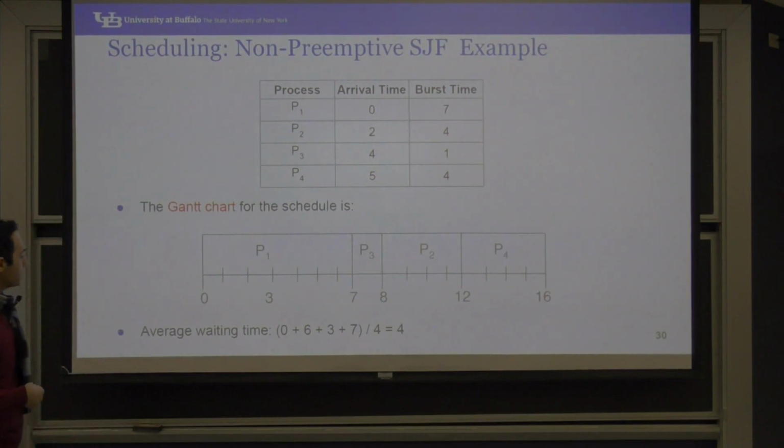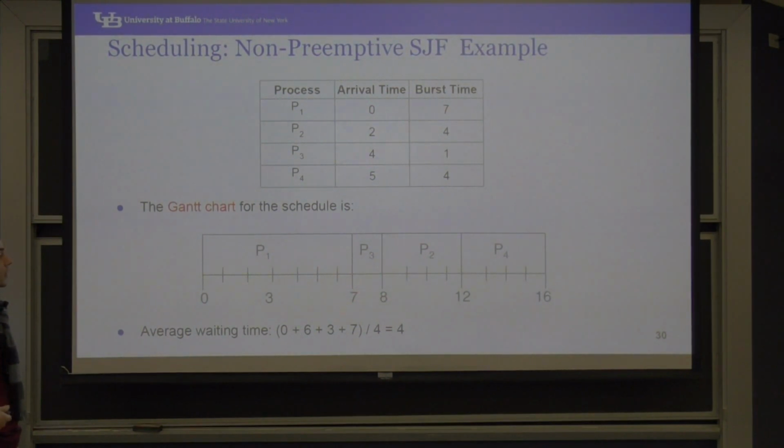So the average waiting time for these is now, P1 was 0, P2 is like 8. Wait, what? Okay, maybe I made it wrong on this one. This should be 8. P3 is 7. And so 15 plus 12. Oh, no, sorry. This is waiting time, not turnaround. So we have to subtract the arrival time. From 0 to 0 is 0. From 2 to 8 is 6.